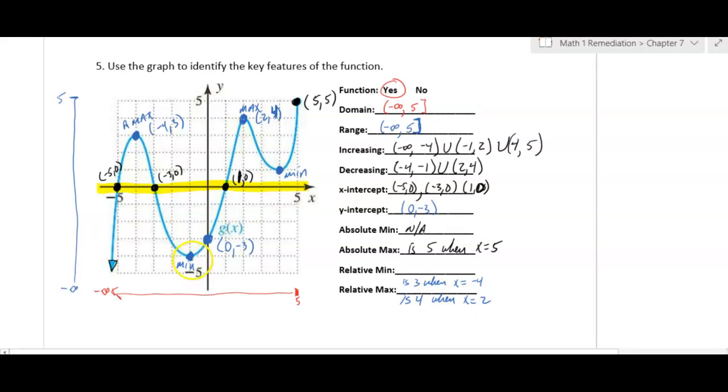Now I'm going to switch to relative mins right here. So that's at negative 1, negative 4. So we say is negative 4 when x is negative 1. Then this one is going to be at 4, 1. So we're going to say is 1 when x is 4. So how you identify those is critical.